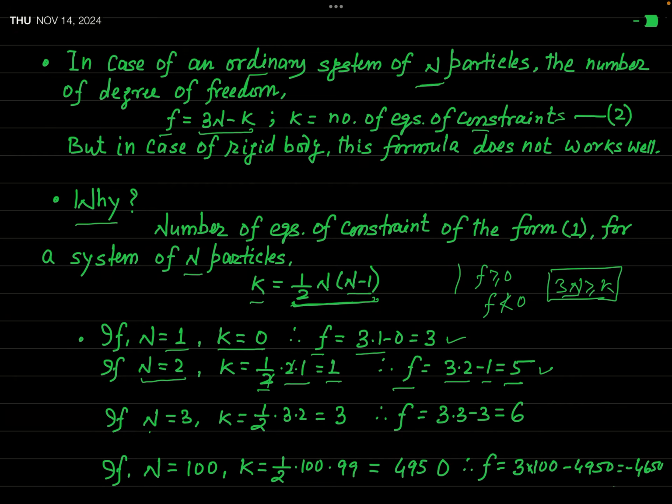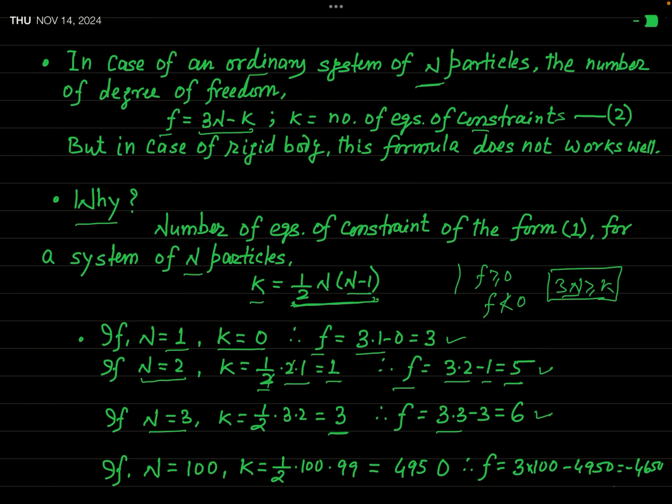If you consider that n equal to 3, then what will be the degree of freedom? You can see in this condition the number of equations of constraint will be equal to 3, so that the degree of freedom will be 3 times 3 minus 3, that is 6. And in this case too, the degrees of freedom may be a combination of translational and rotational degrees of freedom, and it may also include vibrational degrees of freedom.